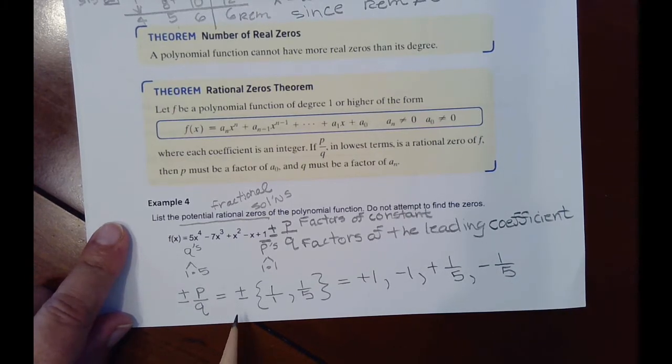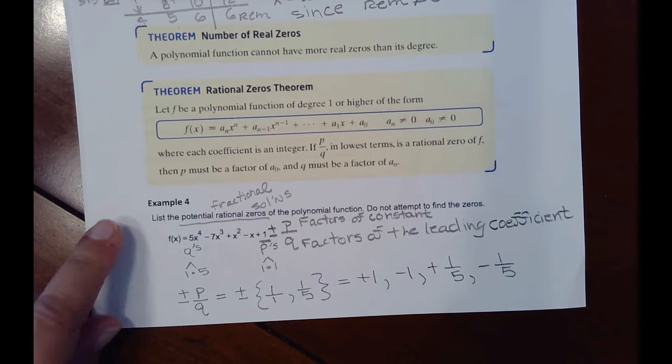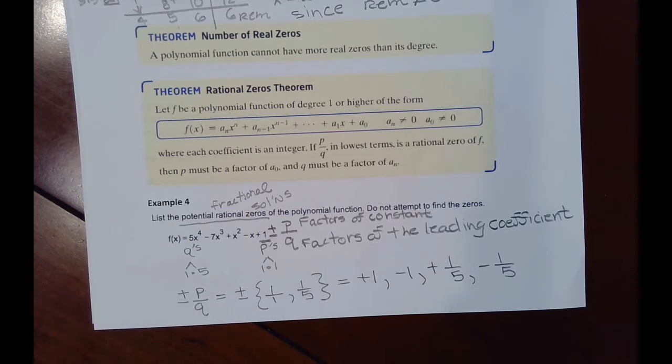This is just a condensed way to list them, meaning that for each of the values in here, the positive version as well as the negative version is a potential rational solution. And when we get as far as using synthetic division, we're going to be considering either the positive or the negative value.